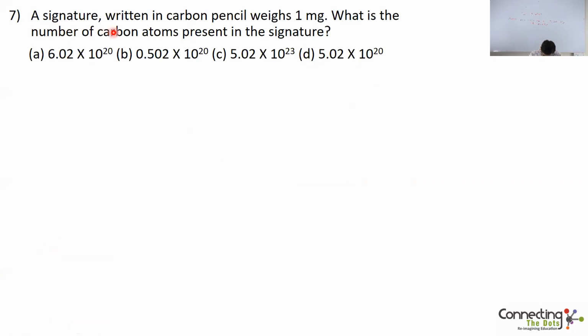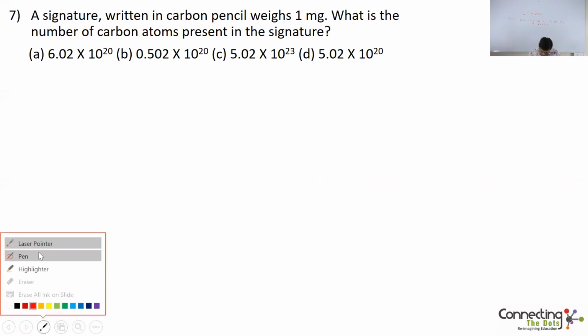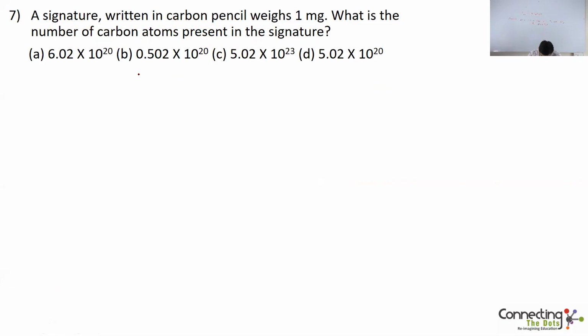A signature written in carbon pencil weighs 1 mg. What is the number of carbon atoms present in the signature? Now, when you say carbon or whatever pencil, it's mostly graphite, and graphite is nothing but carbon. It's made up of carbon. So from this we can say that 1 mole of carbon is equal to its molecular weight, which is 12 grams.